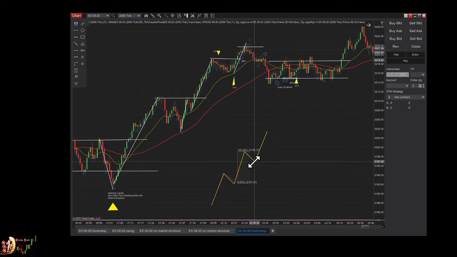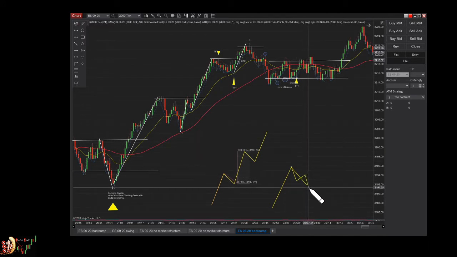The way I usually use it is, when I see a Fib one-to-one extension, I will try to search for a failed two-legged move in the opposite direction of the trend, so doing counter-trend, or I will look inside the retrace. So inside the retrace it can do this: you have your impulse, your retrace, and on your retrace you can have what I call a two-legged move.